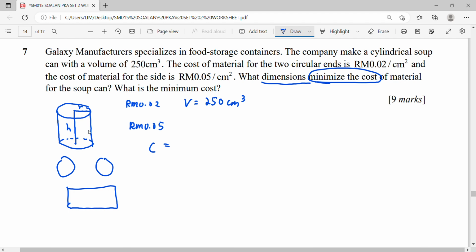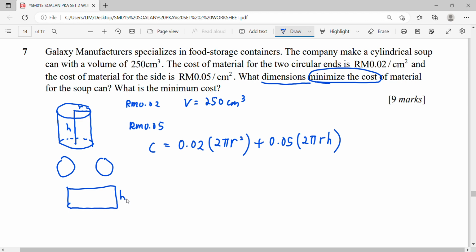The cost to build this will be 0.02 for two circles. The area of the circle will be pi r squared, plus the side here is 0.05, and the area for this side is 2 pi r h, where h is the height of your cylinder.